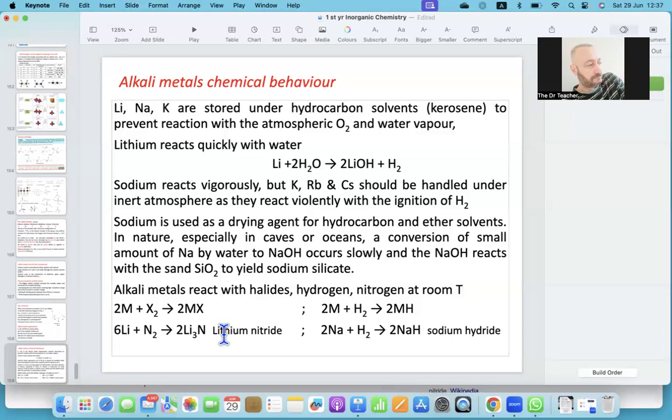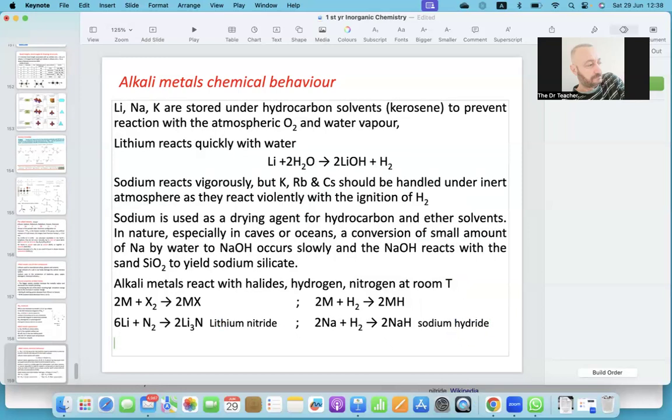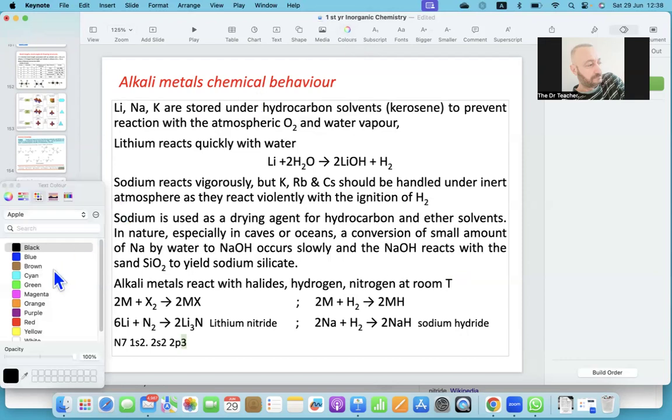Okay? You remember that? Nitrogen 7: 1s2, 2s2, 2p3. So these 3 electrons in p, as I said, the 2s makes a lone pair for the nitrogen, and the 3 p electrons can react.